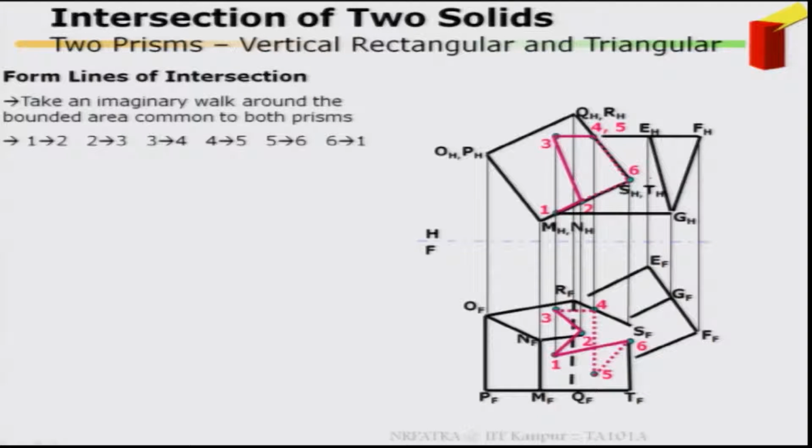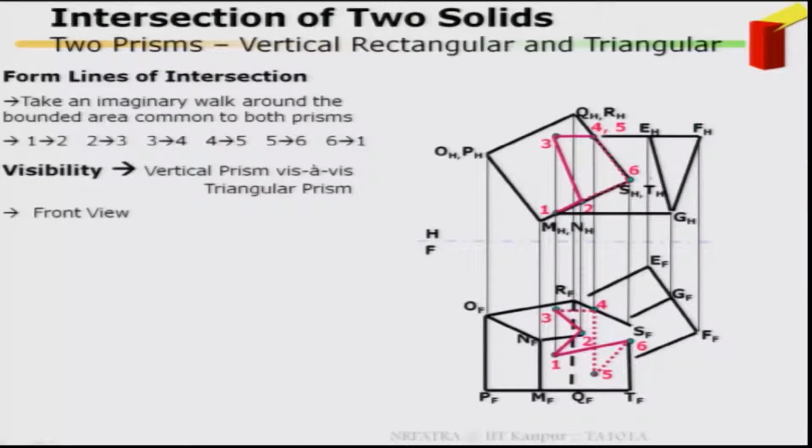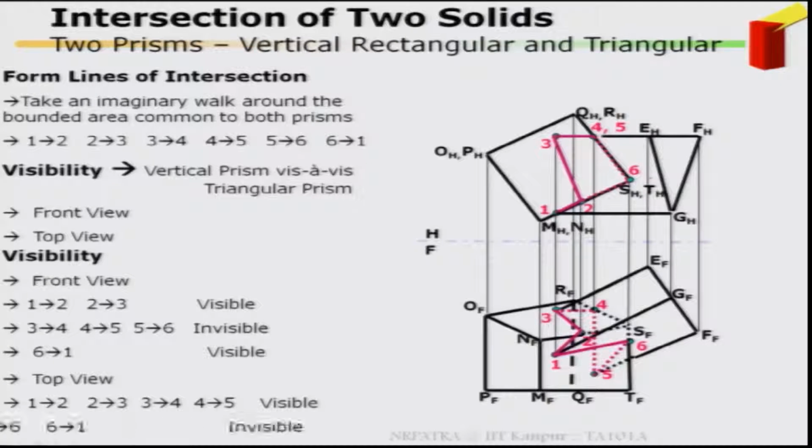Now you have to find the visibility. Visibility means which is inside, which is outside, which appears first, which does not. With the same method, take the two views, front view and top view, do the visibility, and find out where it is visible and where it is not. Here 1, 2, 3, 4 is visible. 4, 5, 6, 2 in the top view is not visible, that is why it is a dotted line.